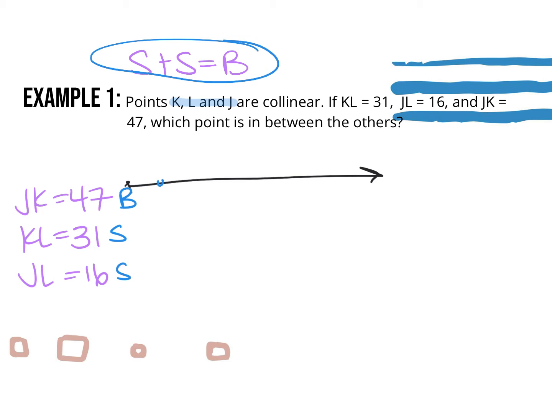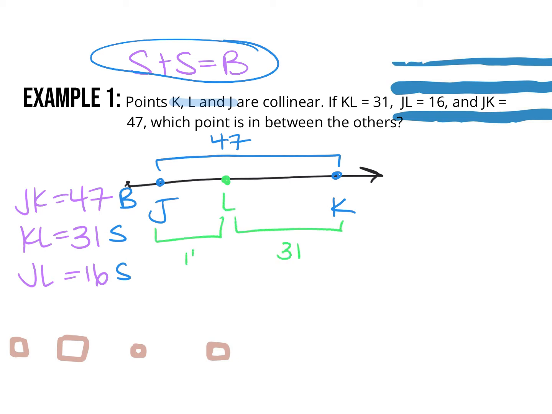That means JK has to be the largest distance, so that would be 47. Then KL is 31, which makes this 16. So which point is between the others?